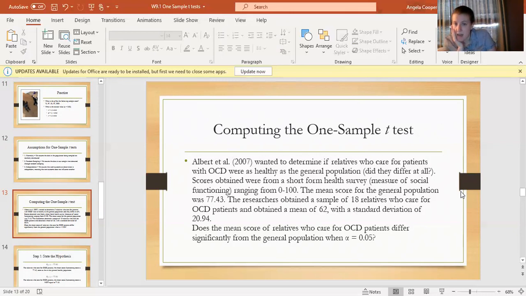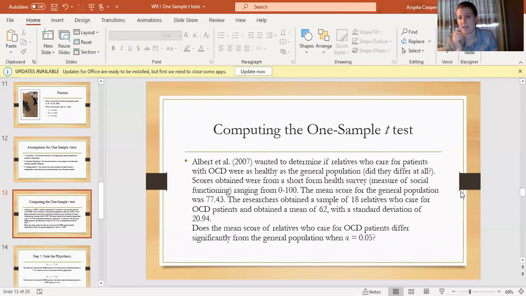The researchers obtained a sample of 18 relatives, so n equals 18, who care for OCD patients, and obtained a mean of 62 with a standard deviation of 20.94. That last sentence gave us all the information for the sample: n equals 18, sample mean is 62, and sample standard deviation is 20.94.